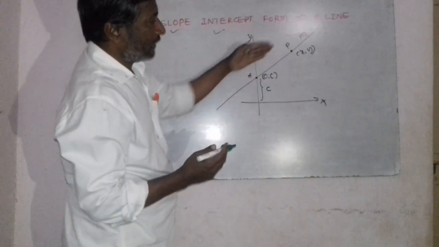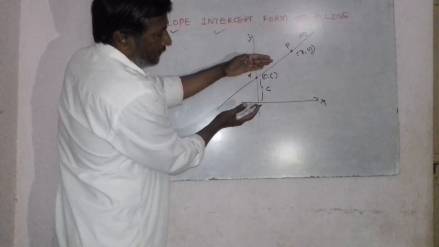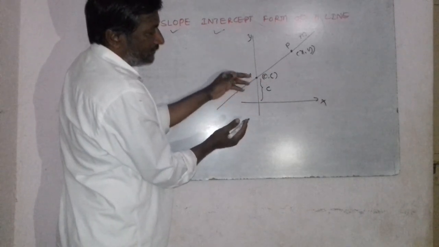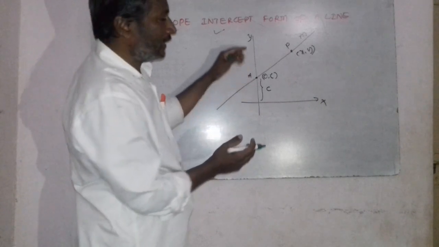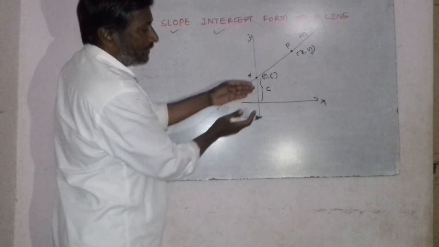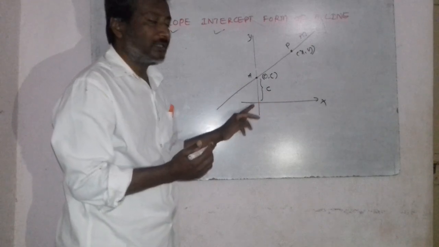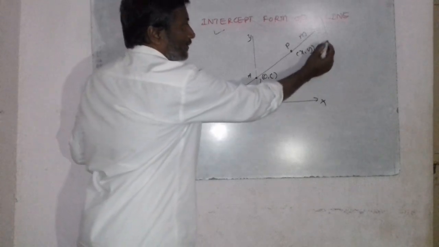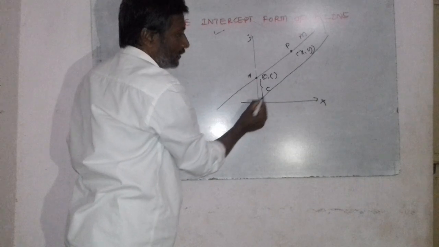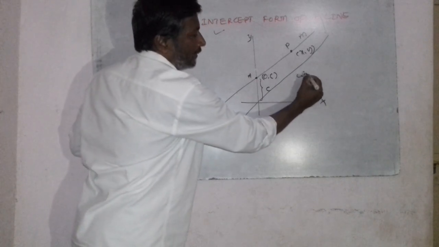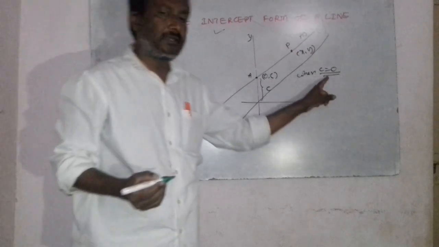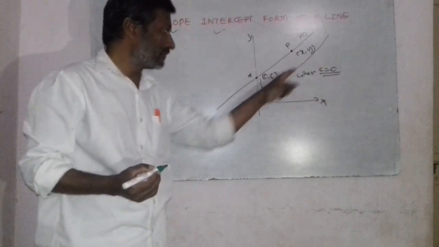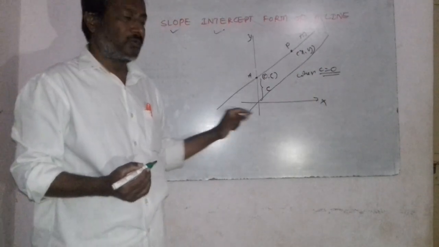If this straight line cuts the y-axis, that is if intercept is decreasing, so that when c equal to 0, the same straight line passes through the origin. If intercept is 0, then this straight line passes through the origin.